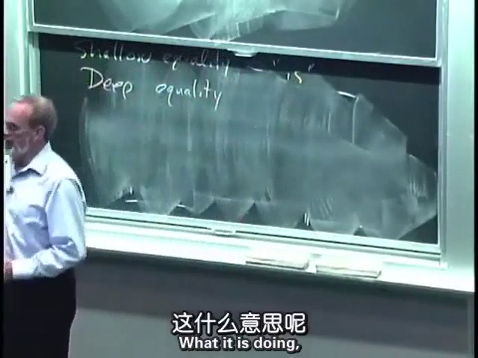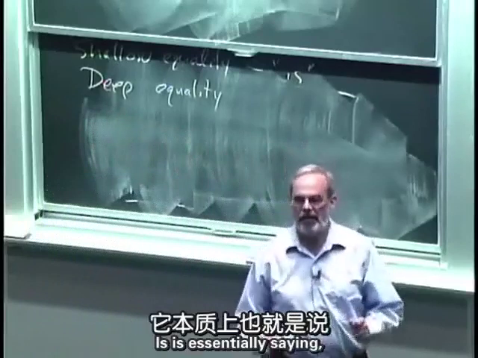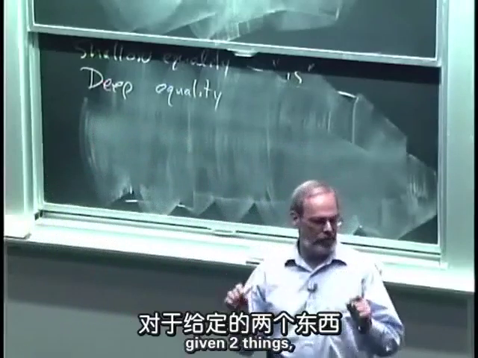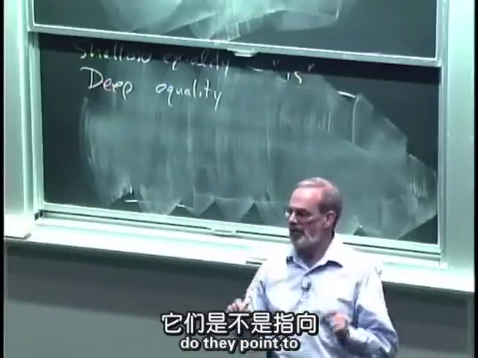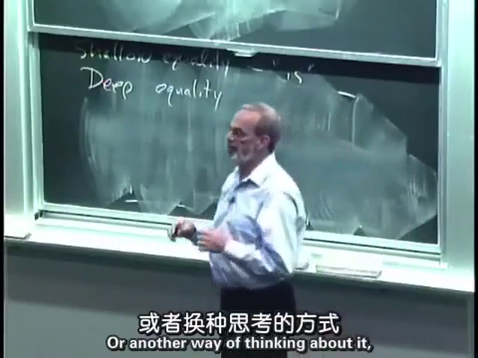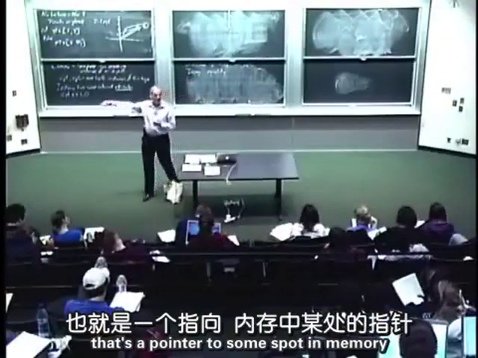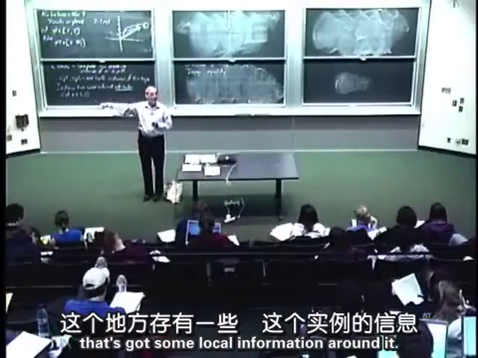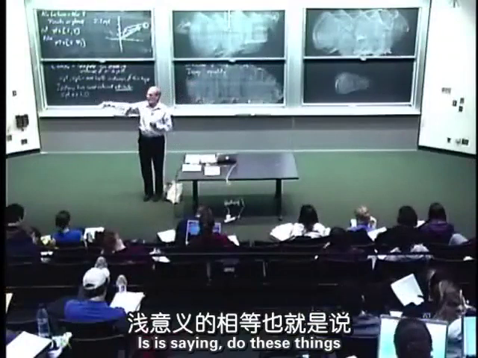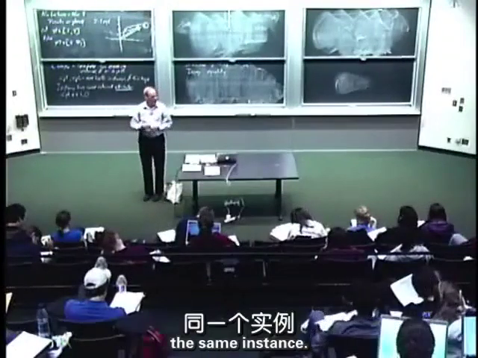What is it doing? It's essentially saying, given two things, do they point to exactly the same referent? Another way of thinking about it is, remember I said when I call that class definition, it creates an instance that's a pointer to some spot in memory that's got some local information around it. It is saying, do these things point to exactly the same spot in memory, the same instance?